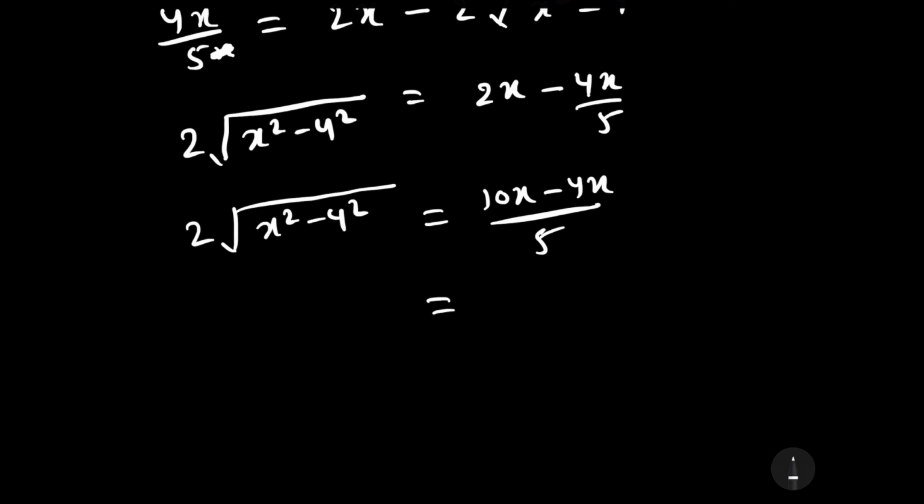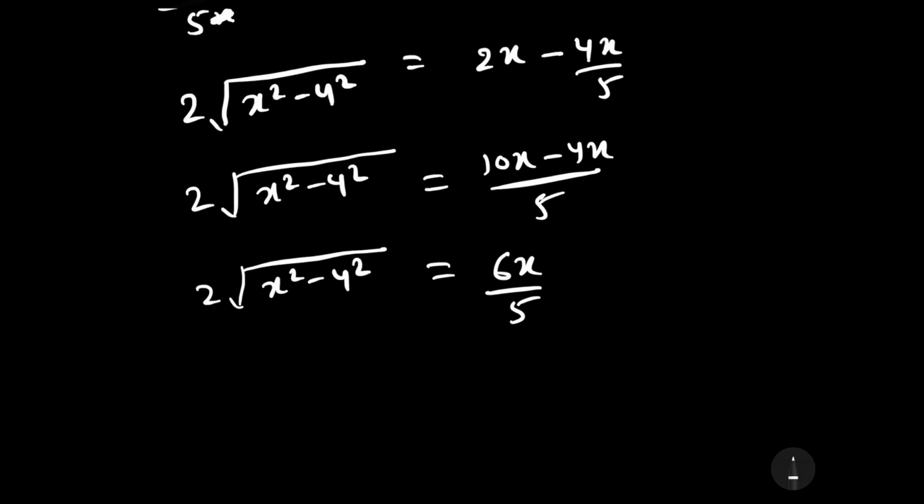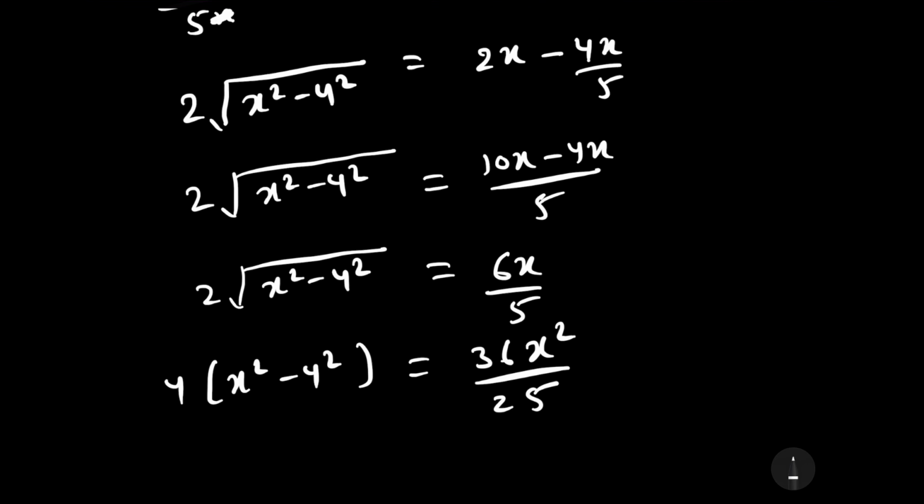Now squaring both sides, before squaring we should solve this. 6x by 5 is equal to 2 square root of x square minus 4 square. Now squaring both sides, we will have 4, and the square of the square root will cancel out, and this will equal x square minus 4 square, and this is equal to 36x square upon 25.